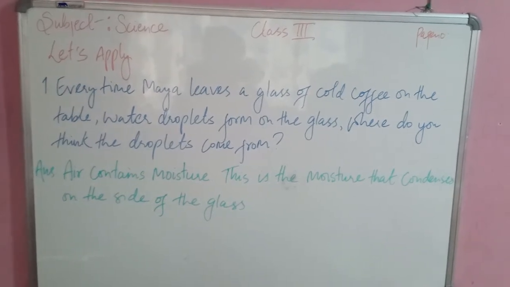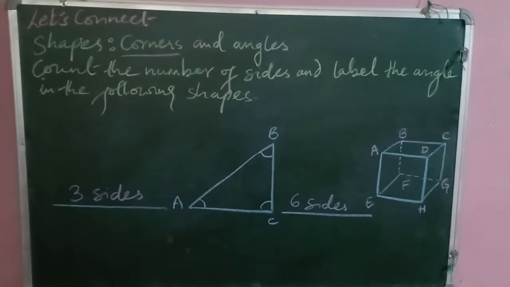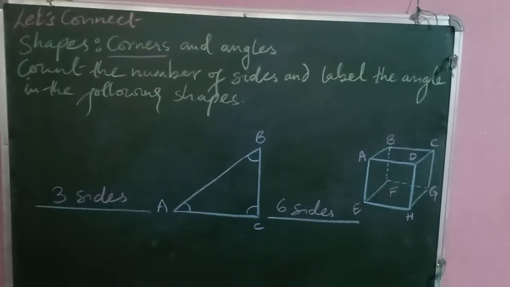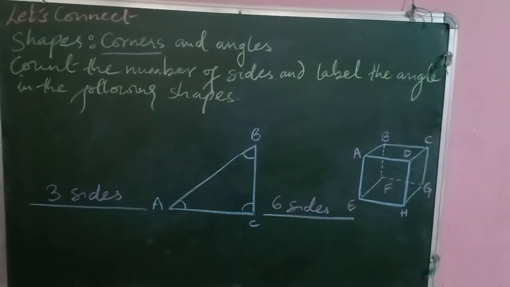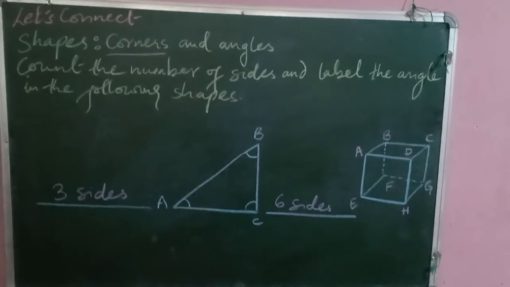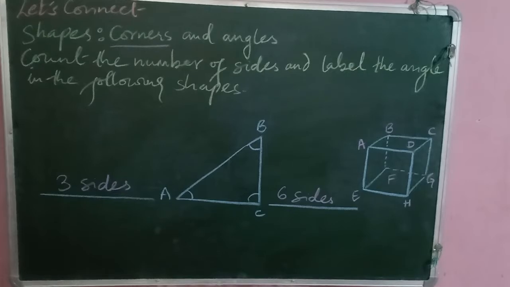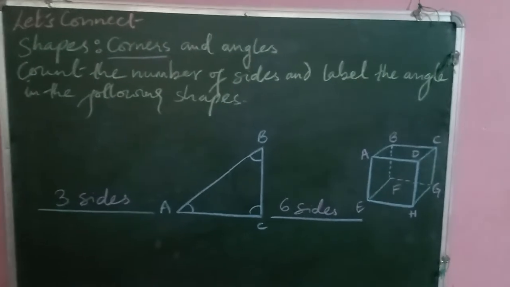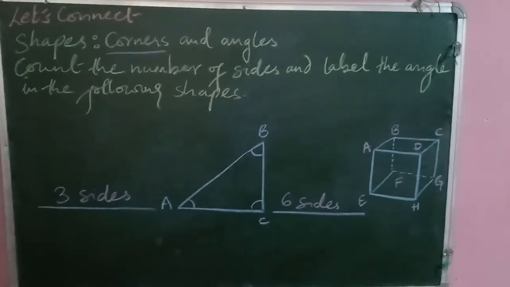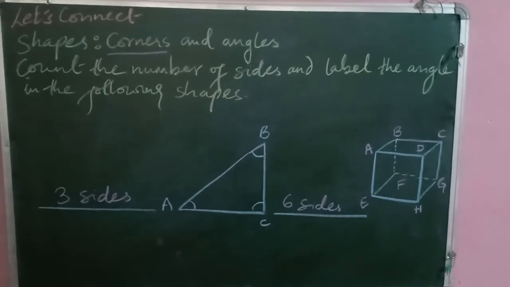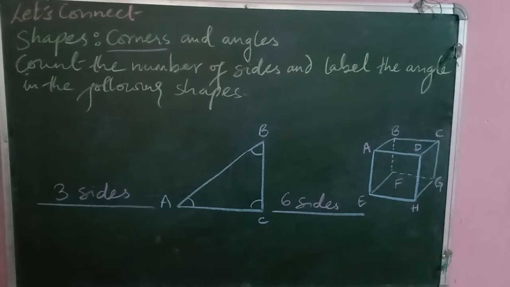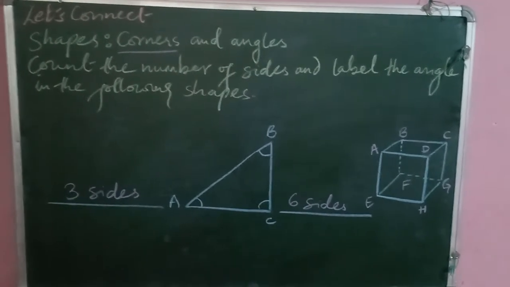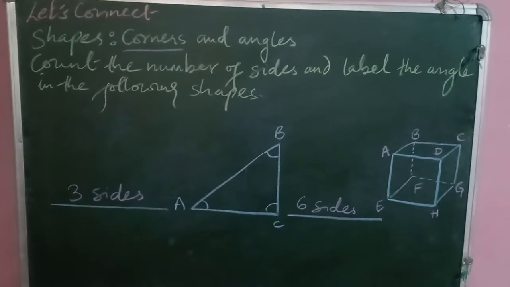So let's begin with the let's connect questions. First, shapes and corners and angles. Count the number of sides and label the angle in the following shapes. As you can see in your textbook, two diagrams are given, where we have to find the number of sides or corners and the number of angles.